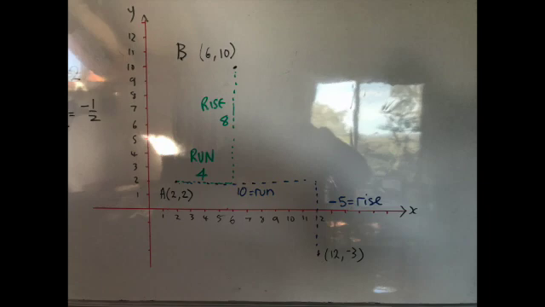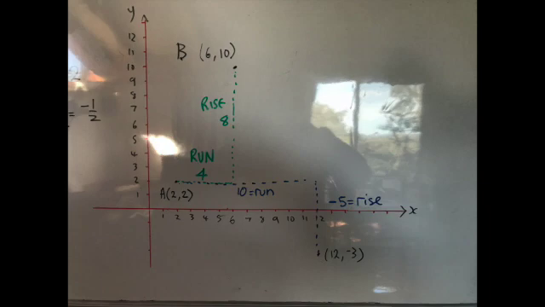So I've chosen to go across 10 units to the right, which means I have to go down half that amount. So I have to go down 5. That'll give me a rise of -5 over a run of 10. -5 over 10 will give me -1/2 when I simplify it.